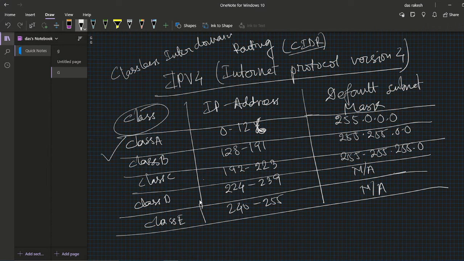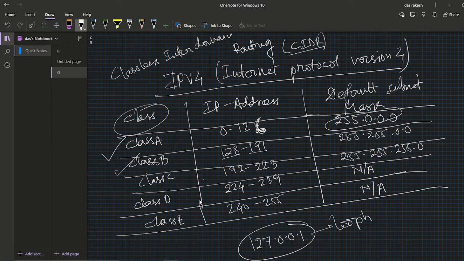In class A, the IP ranges are from 0 to 126 and the default subnet mask is 255.0.0.0. For class B, the range is from 128 to 191, because 127.0.0.1 is for the loopback test. This IP address is used to check the NIC card for an Ethernet connection in a computer.